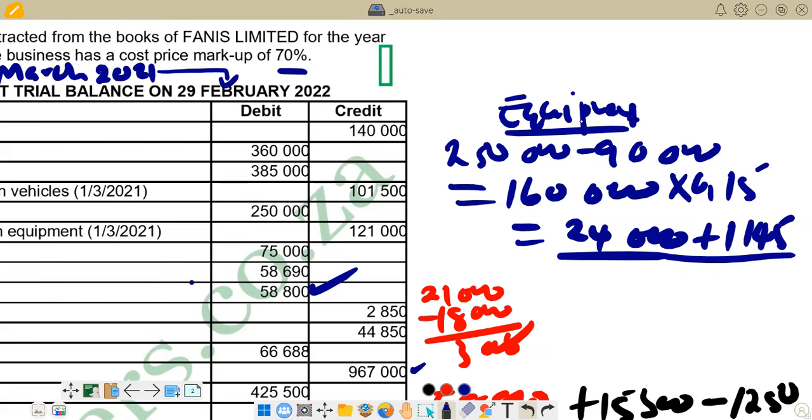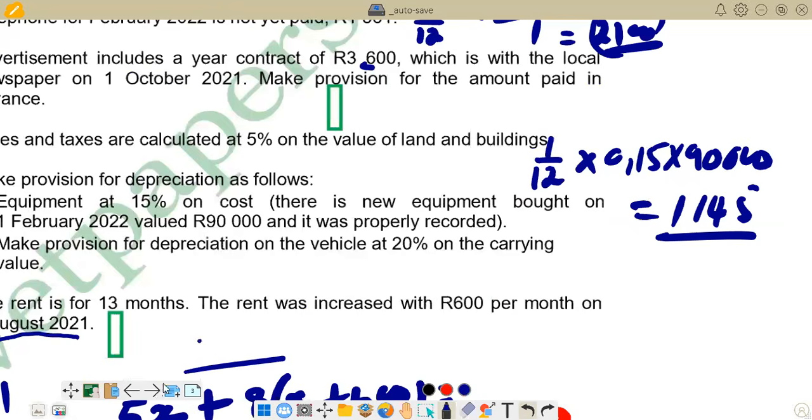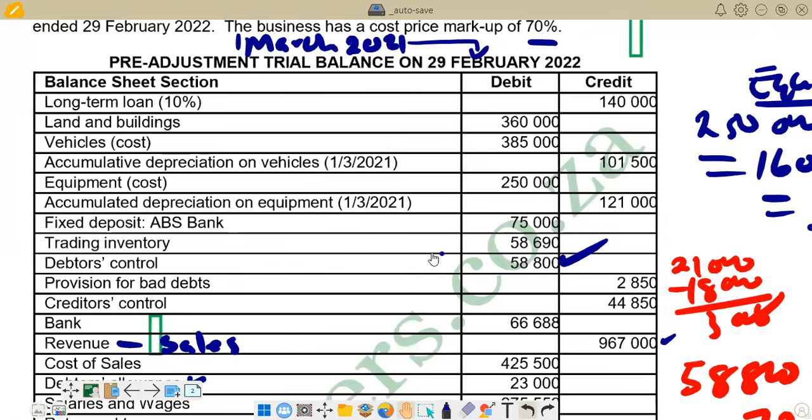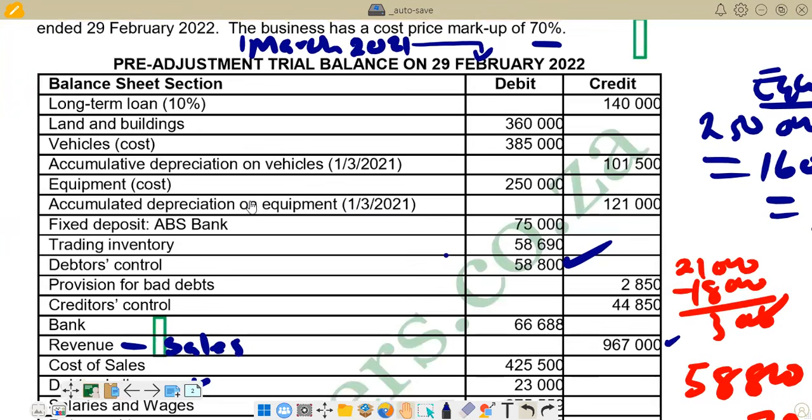So we also need to find depreciation for the vehicles, and we add to that one. For the vehicles, let's listen to the instruction. They are saying make provision for depreciation on the vehicle, 20% on the carrying value. So we are just going to calculate the carrying value, and then we say 20% of that carrying value. Vehicles, we have a cost of 385,000, accumulated depreciation 101,500.